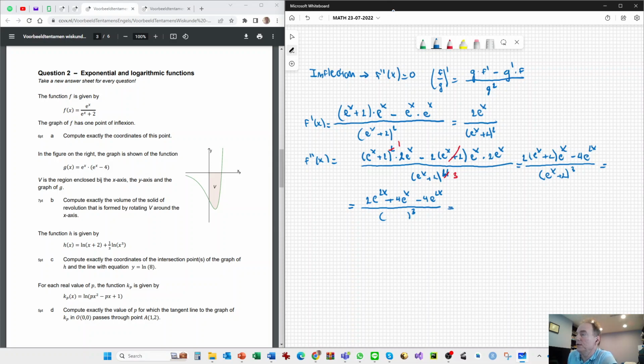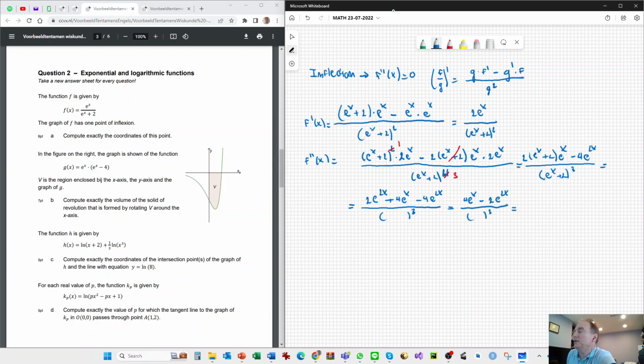Then I just get 4 e to the power x. These two I can combine, so minus 2 e to the power 2x, step by step.